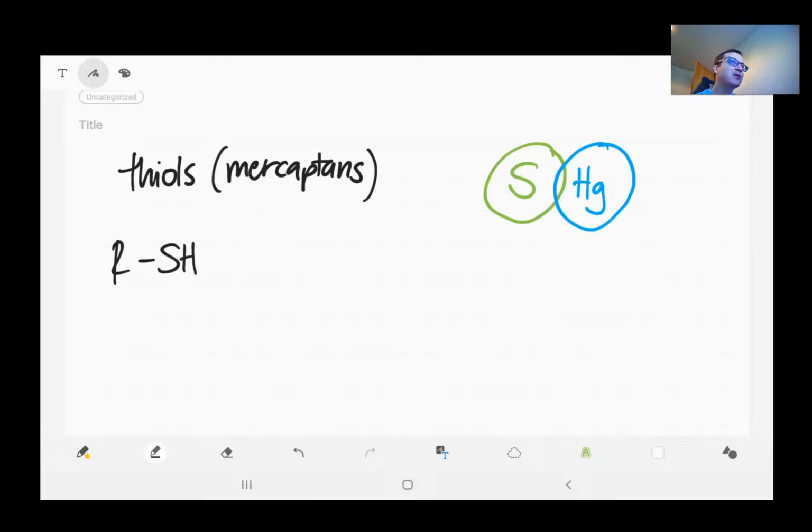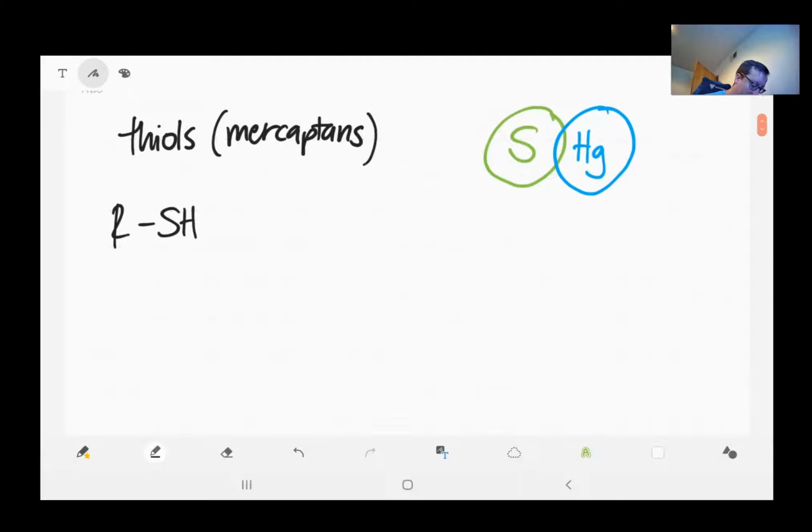Though I guess in bio you do talk about heavy metal poisoning, and if you have untreated mercury in your system, it's going to mess with a lot of your amino acids and your proteins, the cysteines specifically. So you'll see them sometimes called mercaptans.